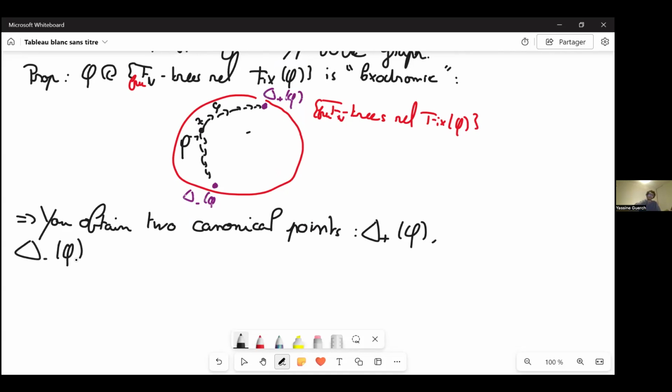These points will be linked with three FN trees relative to fixed phi.